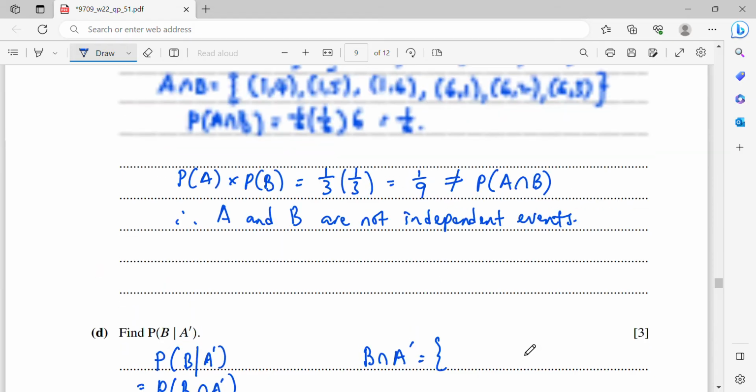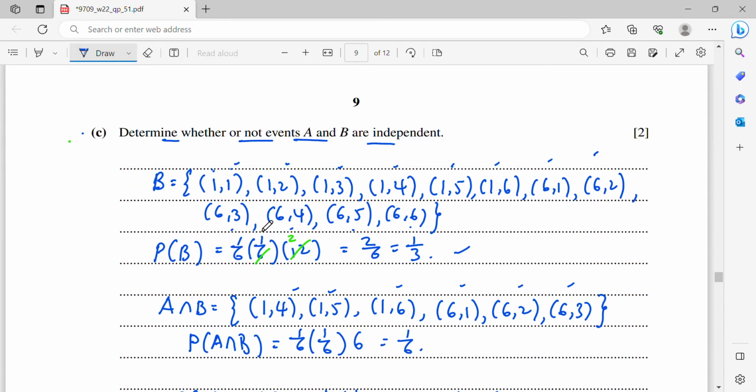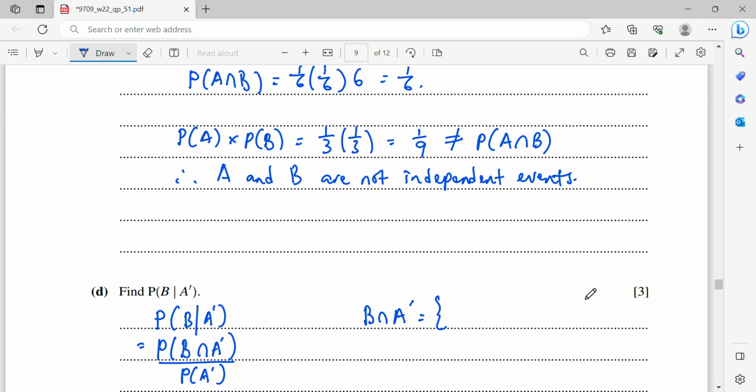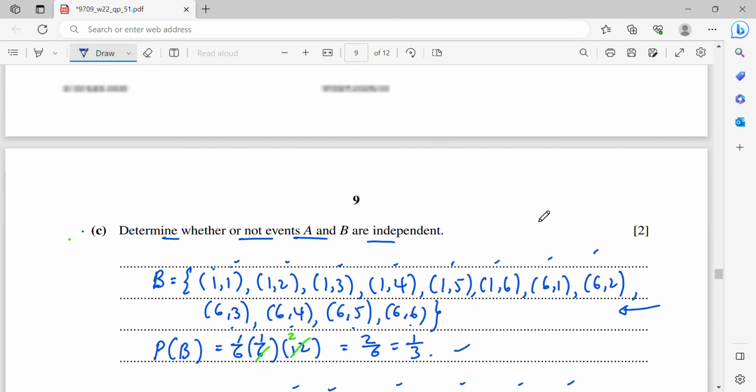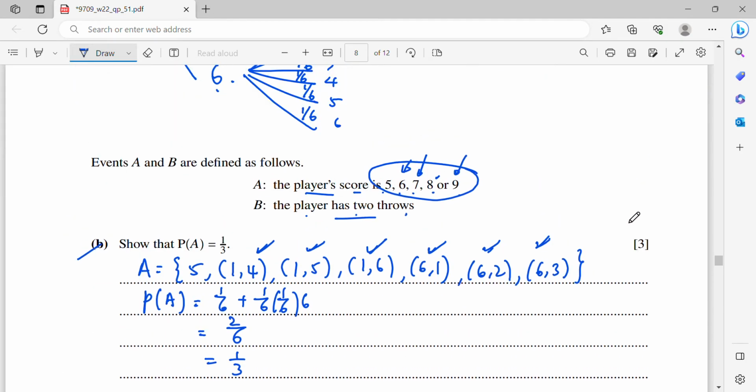Any outcomes. So now, from the outcomes of B, as long as the first value is 1 or 6, that belongs to B. Okay, now intersect with the A prime. So just now, when you intersect with A prime, it means that you exclude all this, right? So I have to exclude 1 4, 1 5, 1 6, 6 1, 6 2, 6 3.